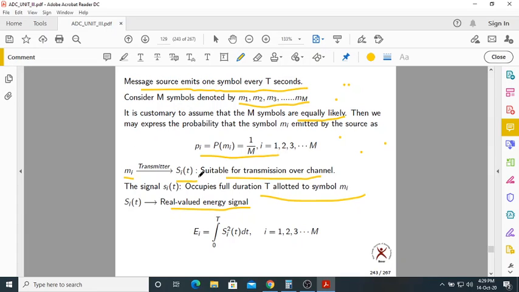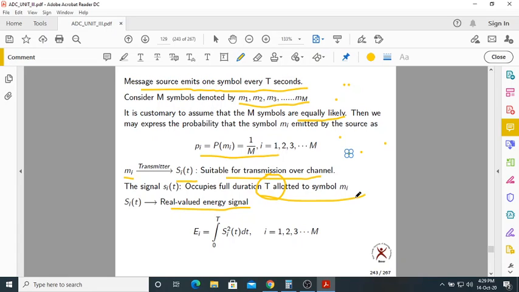As I told you, Si(t) is defined only during T seconds, the time duration capital T.